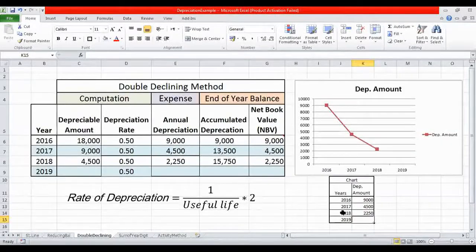We started this question with the value of the cost 18,000, and we know at the end of the useful life the value must be 2,000. Always remember, if we start the schedule with 18,000, which is the cost, at the end we should receive 2,000.